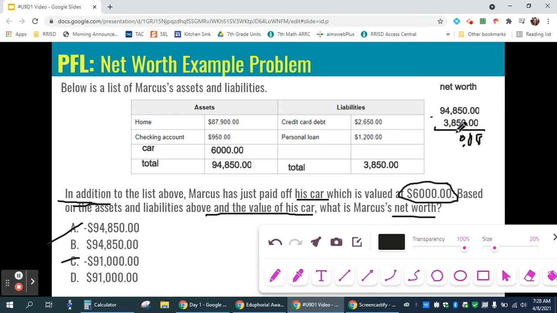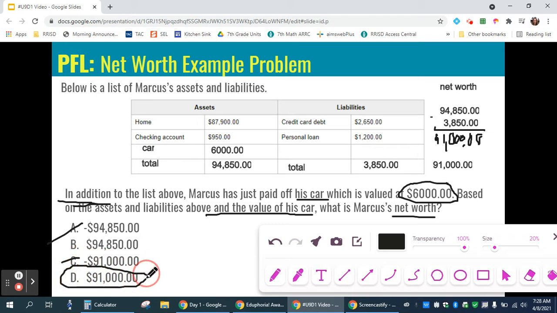Okay, 5 minus 5, that's 0. 8 minus 8, that's 0. 4 minus 3, that's 1. 9 minus 0 is 9. So we have net worth of $91,000, right? Oh, look, answer option D.